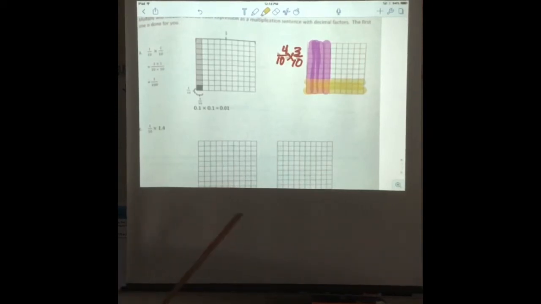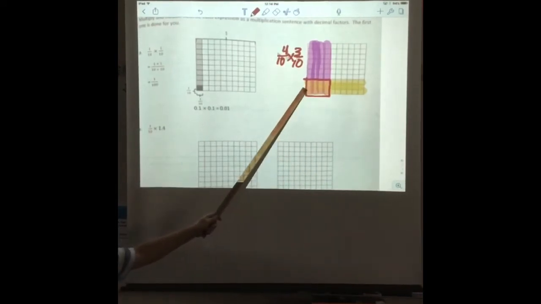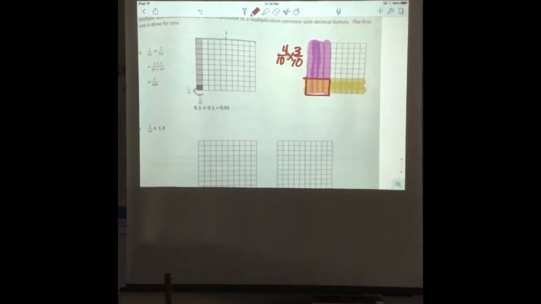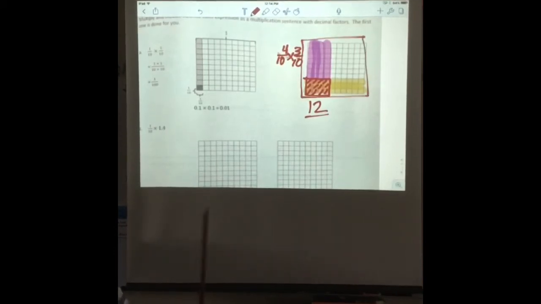Do you see that all we're interested in right now is this part? That part right there. So how many boxes do we have inside that part? Well, we've got 1, 2, 3, 4, 5, 6, 7, 8, 9, 10, 11, 12. We have 12 out of how many in this whole thing here? 100.